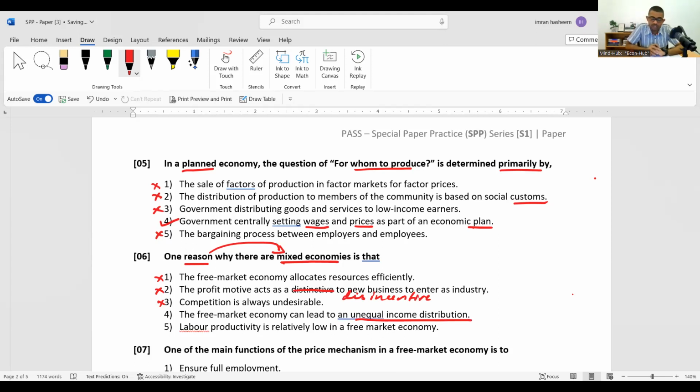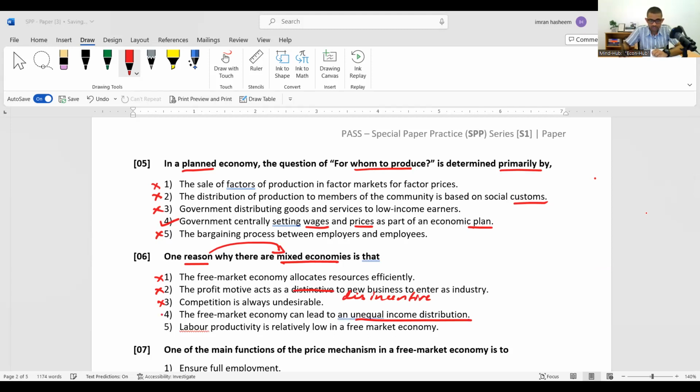In the first question we realized one of the reasons for a market economic system to fail, or one of the limitations of a market economic system, is inequality in income distribution. So because of that, we might be pushed towards a mixed economy rather than a purely market-based economy.